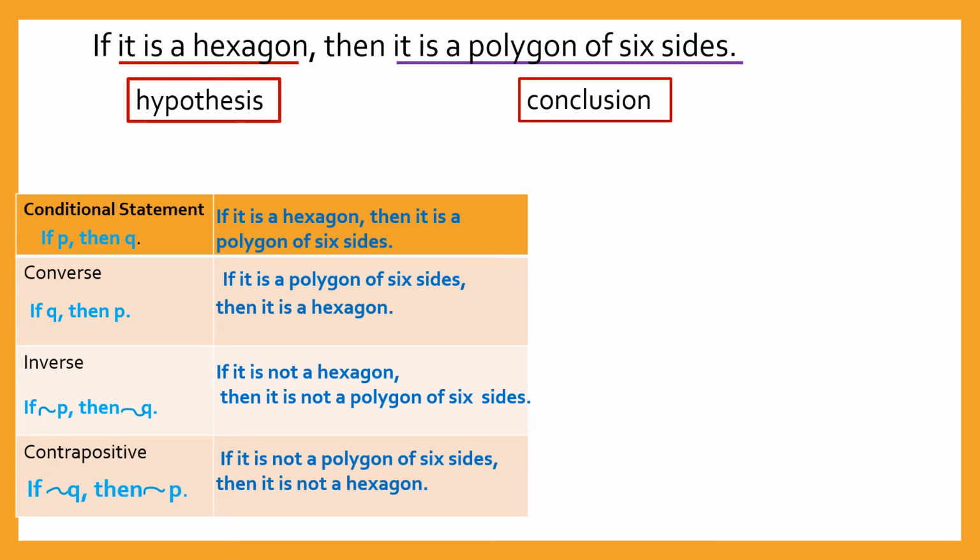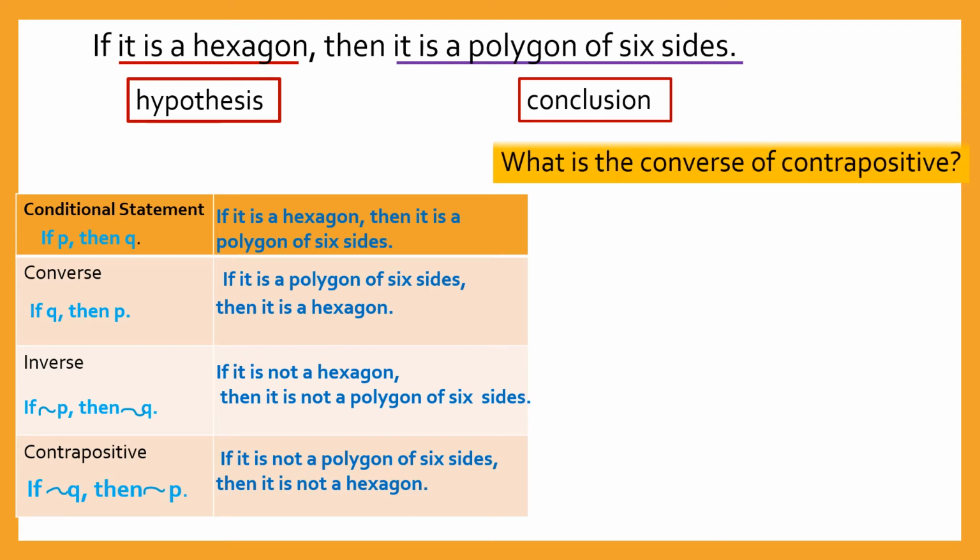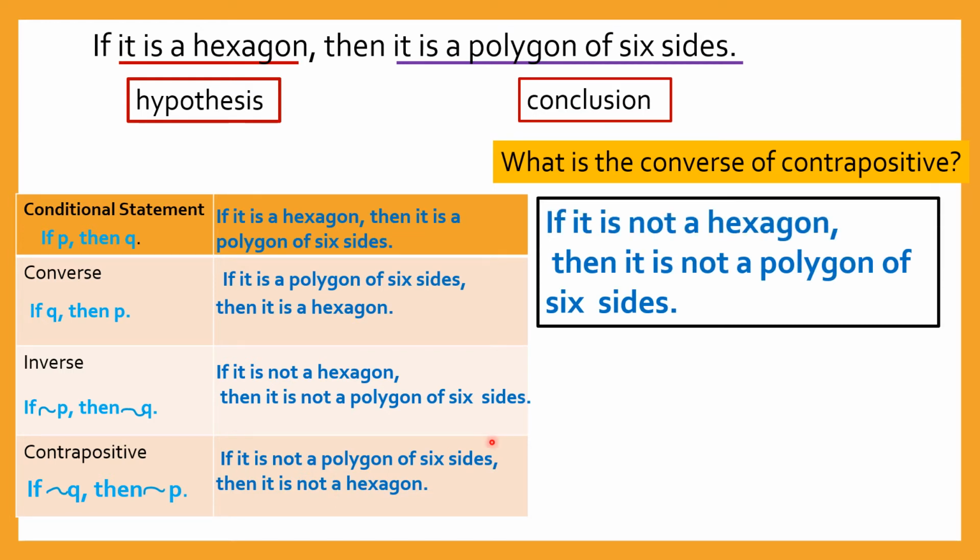Same conditional statement we're going to use. But this time we're going to get the converse of contrapositive. So the contrapositive is this one. And the converse is simply we're going to flip the conclusion and hypothesis, which means this becomes the hypothesis and this becomes the conclusion. So if it is not a hexagon, then it is not a polygon of 6 sides, because you are getting the converse of the contrapositive.